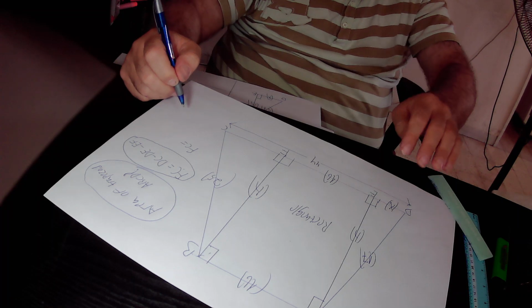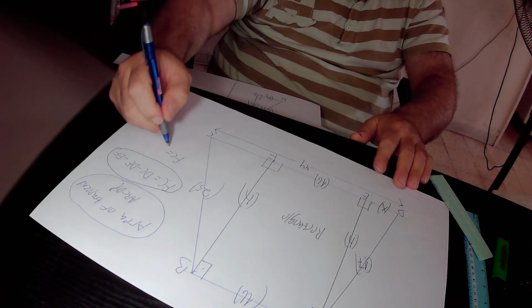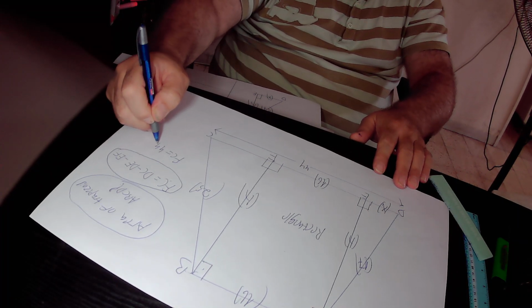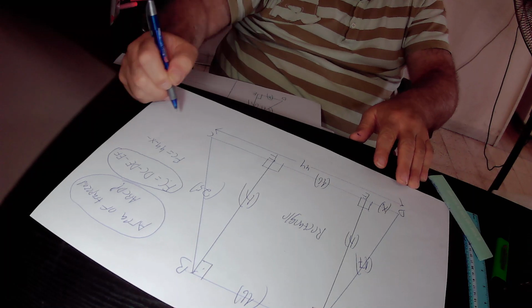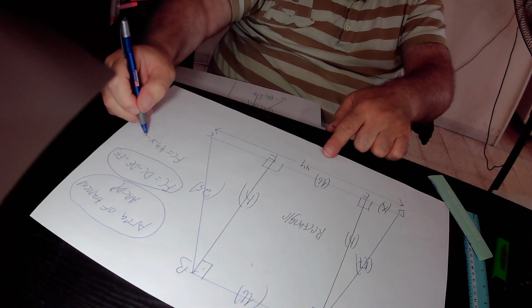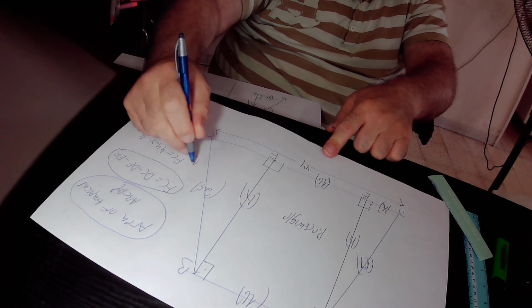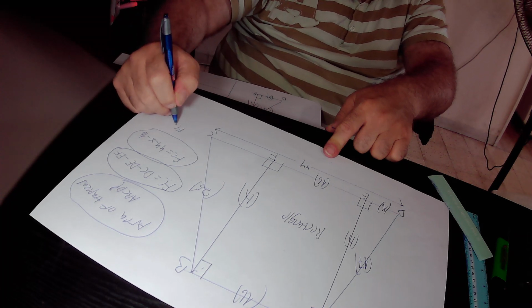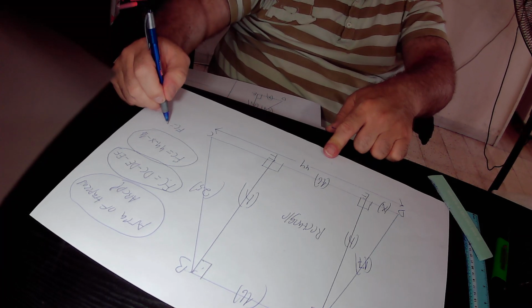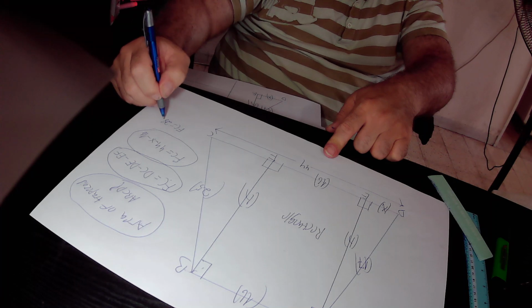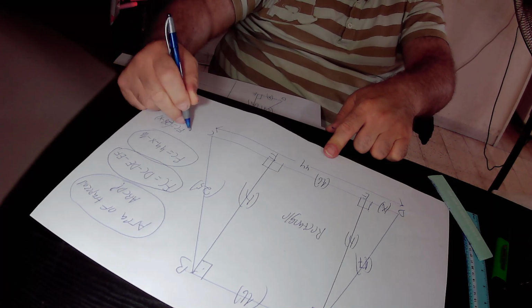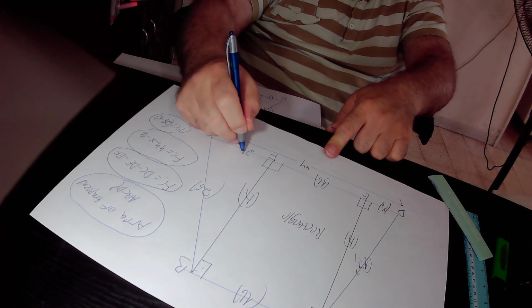So FC equals DC, that is 44, minus DE, that is x, minus EF, that is 16. So in total, FC is equal to 44 minus 16, which is 28, minus x. So FC equals 28 minus x.